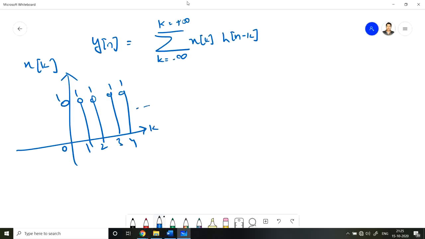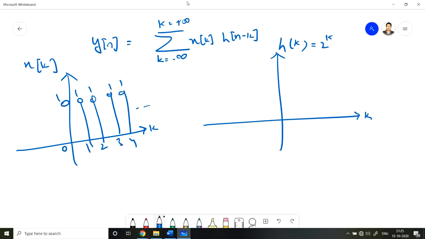Now what is the graph of h[n minus k] for n less than 0? So first draw the graph of h[k]. h[k] is 2 raised to the power k into u[-k].